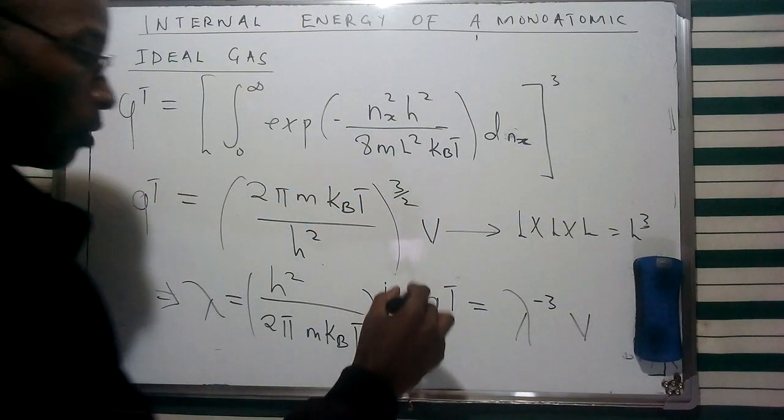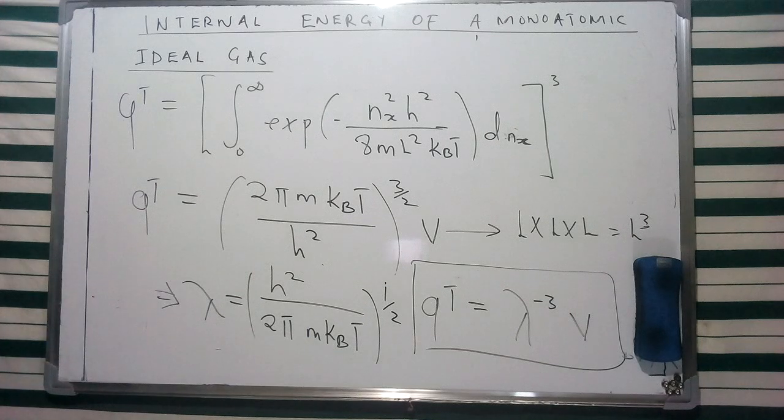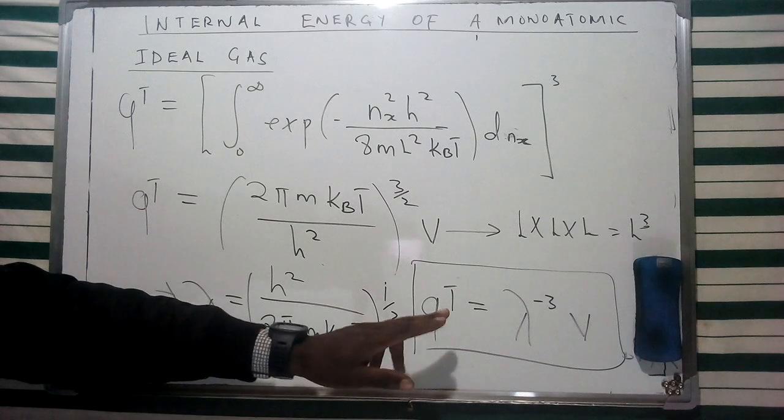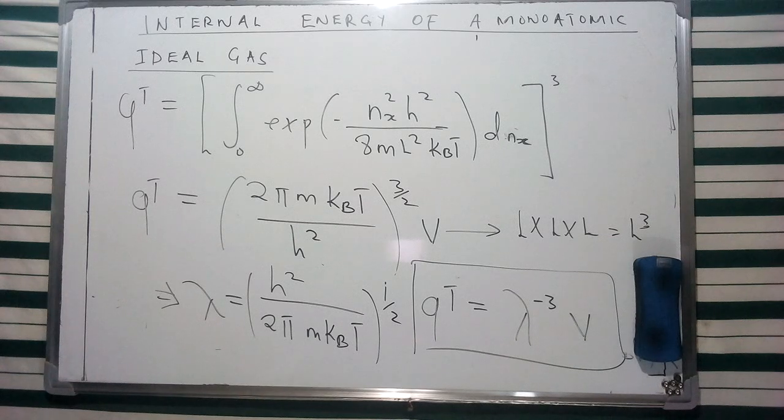So this reduces to the translational partition function q_t equal to lambda to the power 3V, and that gives us the translational partition function for that type of representation.